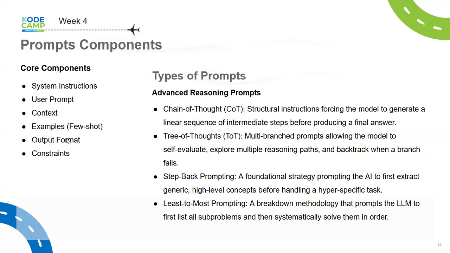So the core components of a prompt: you have the system instruction. Like I said, the system instruction is a prompt that always gets sent to the LLM along with any user prompts that you send. So anytime you send the user prompt, the system prompt is constant.